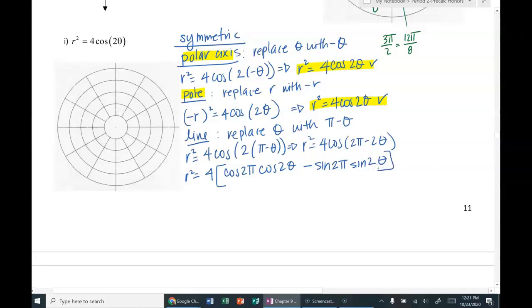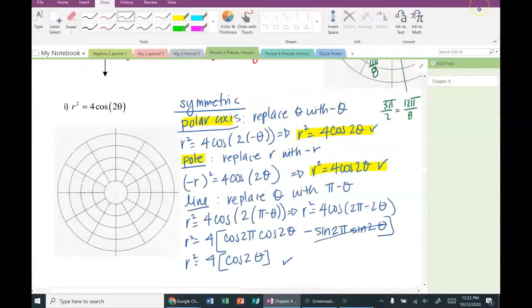Okay, so cosine of 2 pi, that's going to be 1. So r squared equals 4 times 1 times cosine of a double angle, which maintains the cosine of a double angle. Sine of 2 pi is 0, so that will go away. And so this also works. So all 3 of them work. Okay, so it is symmetric with respect to all 3.